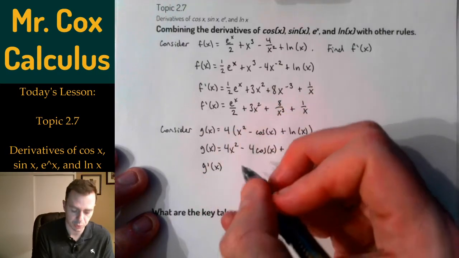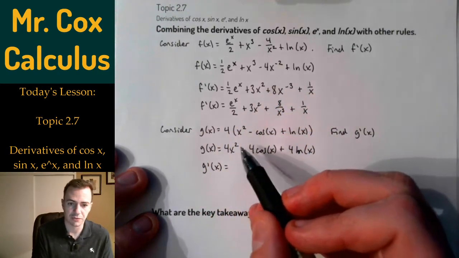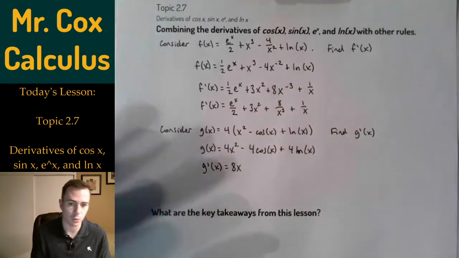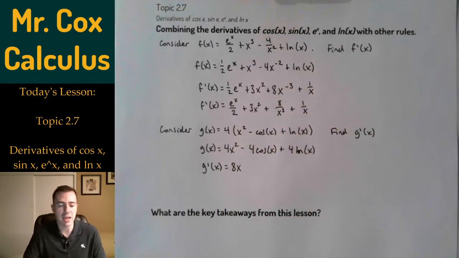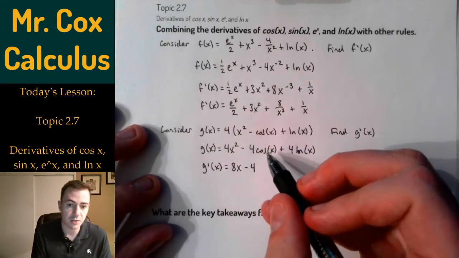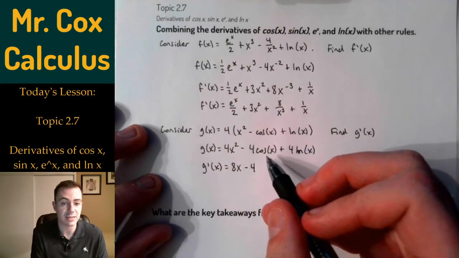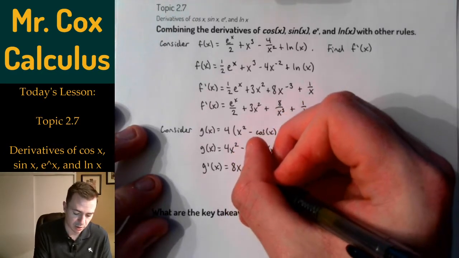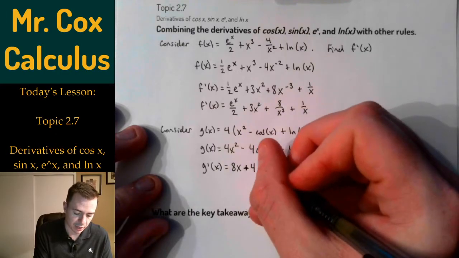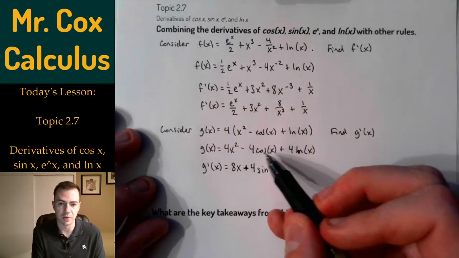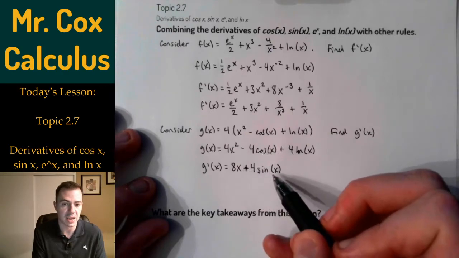So this is g prime of x equals, well, 4x squared, its derivative, 2 times 4 is 8, x to the 1 power, minus 4 cosine of x. That's going to be minus 4. And then the derivative of cosine, remember, is negative sine of x. So that's actually going to change this minus to a plus, and then it'll be plus 4 times the sine of x. So that's where the derivative of cosine becomes negative sine.